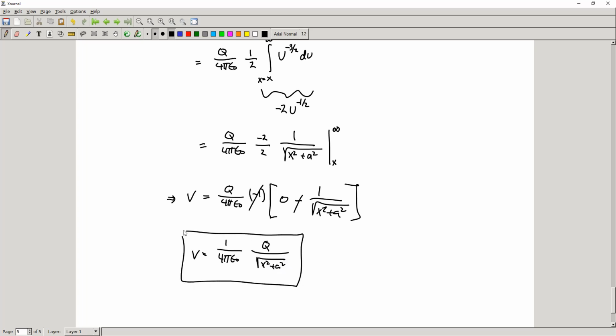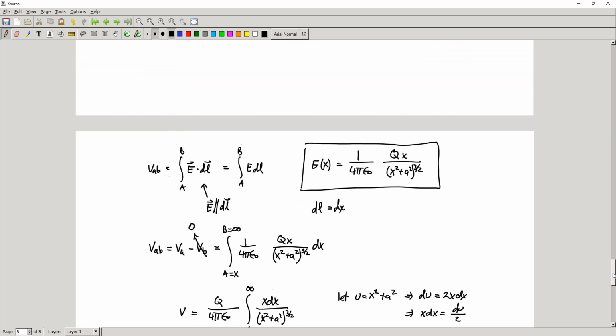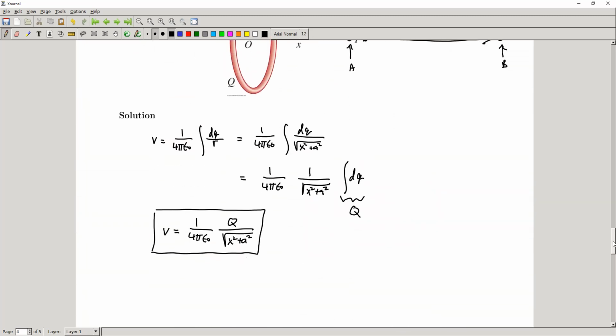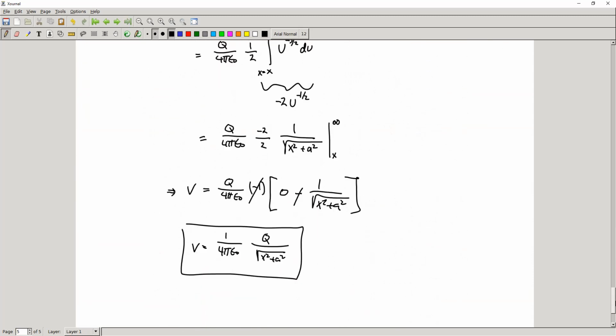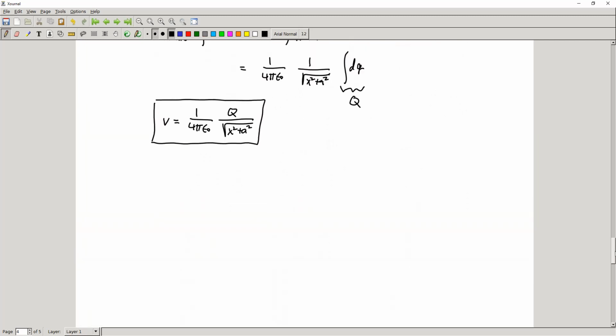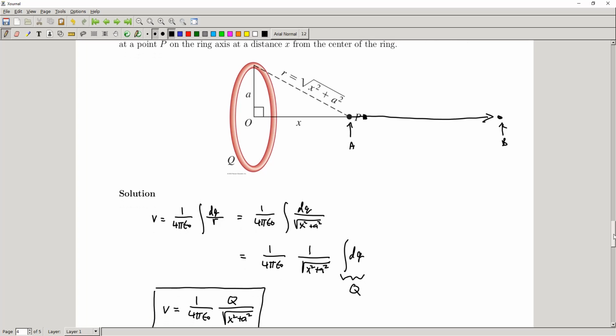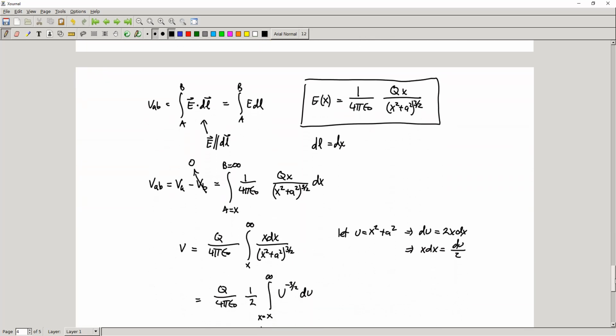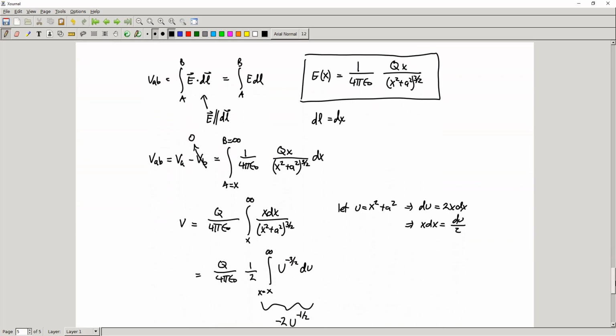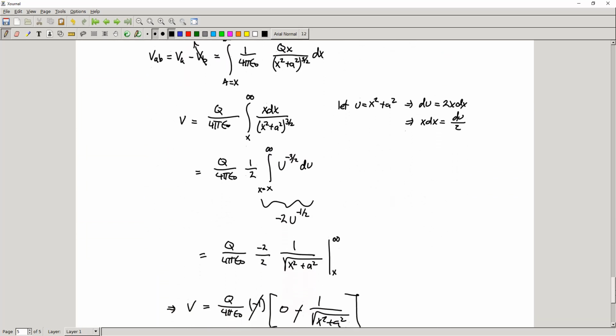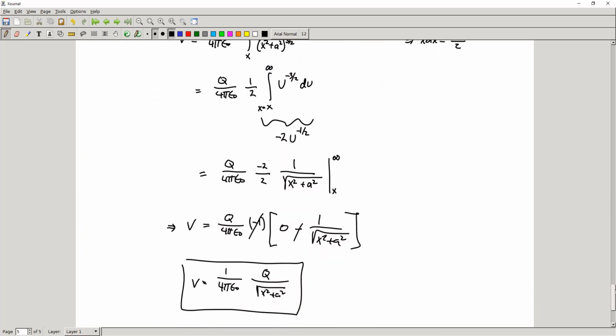Okay, and if we've done everything correctly, that result should be the same as this result. It is, that's great. And so we can see that we can either start from scratch and integrate over the charge to find our potential, or if we know the electric field, we can integrate the electric field to find our potential also. Okay, so there's two different ways to find our potential at a point.